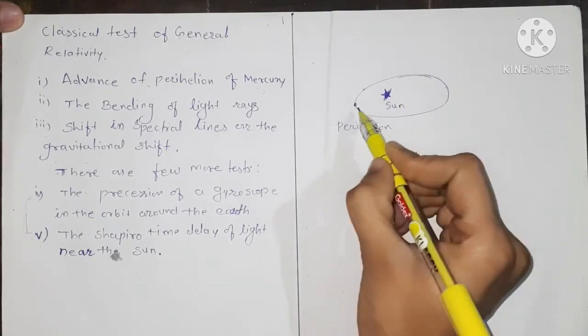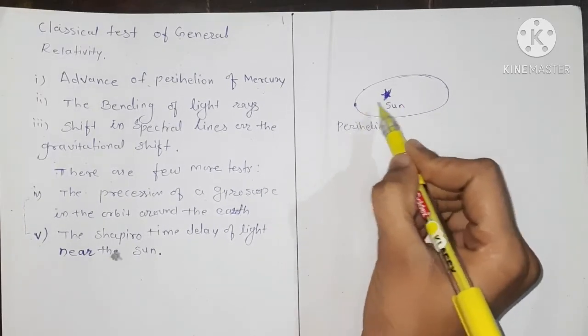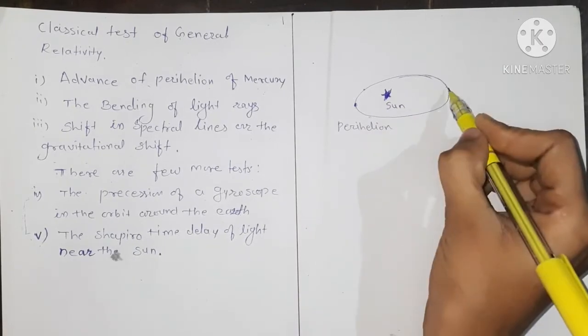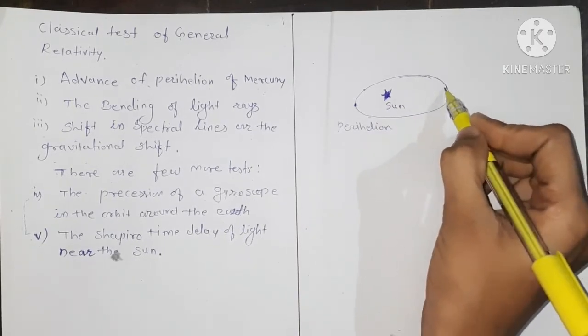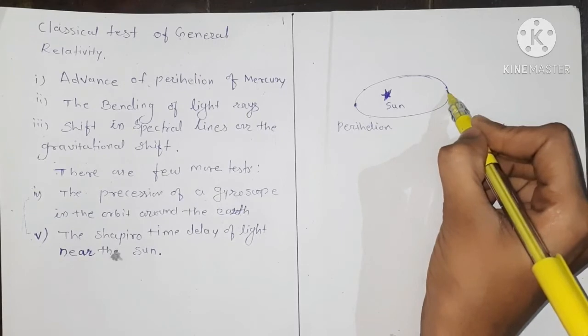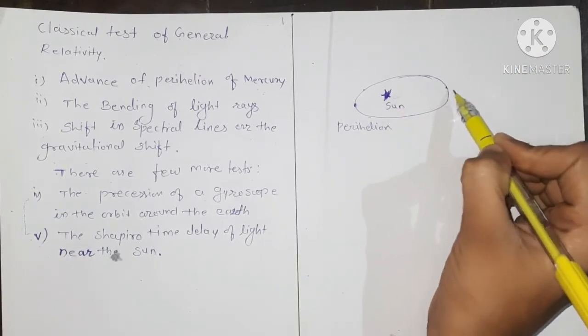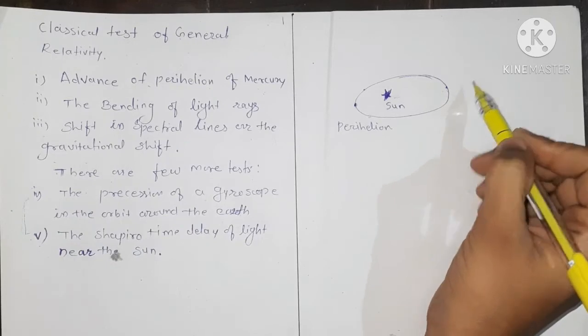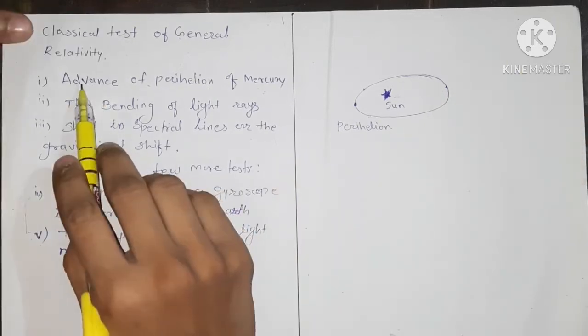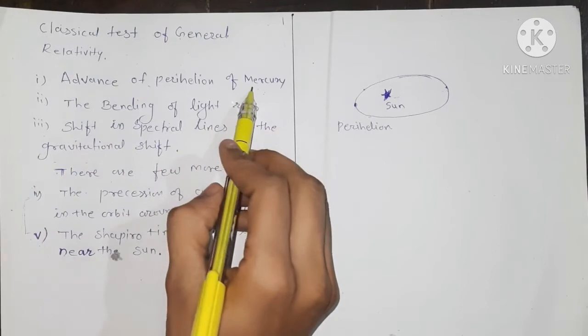Perihelion means when the planet is near to the Sun, and when it is here, it is farthest from the Sun. This distance is farthest from the Sun, therefore it is called aphelion. Okay, so we have to see the advance of perihelion of Mercury.